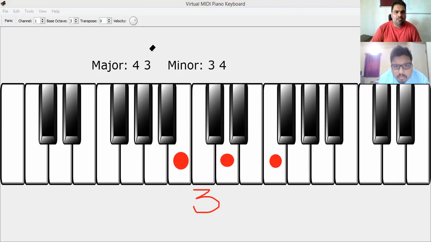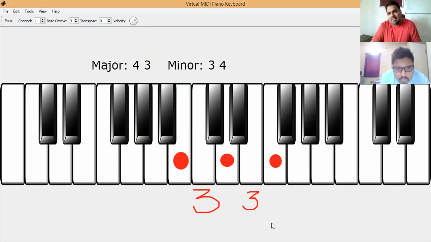So this time I'm going to have it as a diminished chord, the chord formed from the 7th degree of the C scale. If I create a chord from the 7th degree of the scale, I get a B diminished chord, which is constructed with 3 and 3.